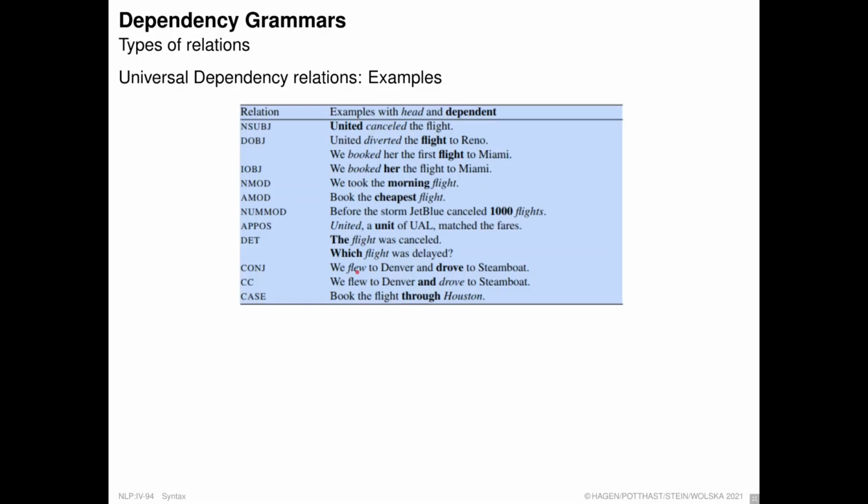Conjunction, you see here, two coordinated sentences. We flew to Denver and drove to Steamboat. Fly is the head verb of the first coordinated clause, and drive in the past tense is the head verb of the second, coordinated clause. And these two verbs with respect to one another are in the conjunction relation.